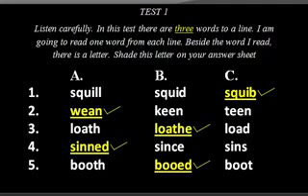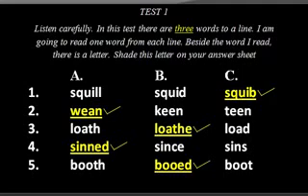As you can remember, the first word in this cluster was S-Q-U-I-L-L, squirrel. Therefore, there was an L ending. In the second word in that cluster, we had squid, S-Q-U-I-D. And so there was a D ending. So this one was quite easy to mark out.